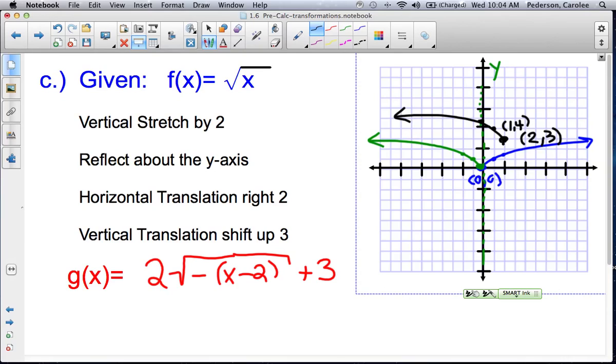Where is that going to be now? The y value is going to change by a scale factor of 2. So it's now going to be at 1, 2. So this goes off like that. That's probably good enough, 2 points.